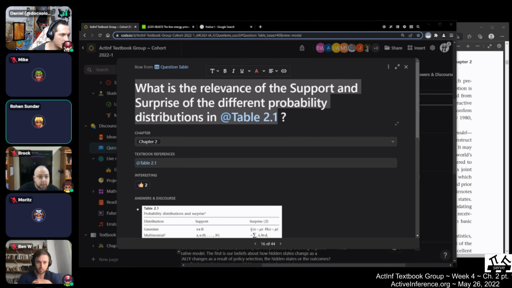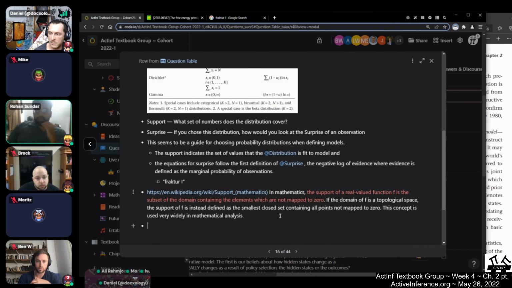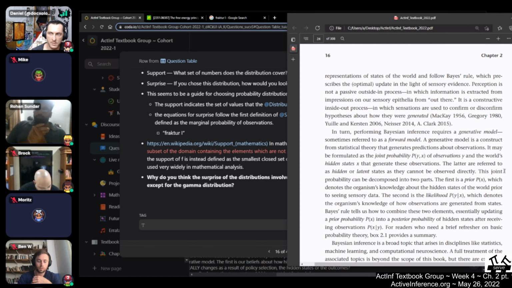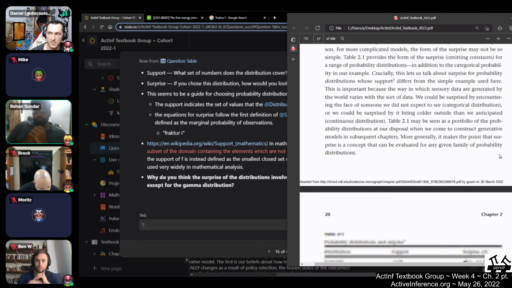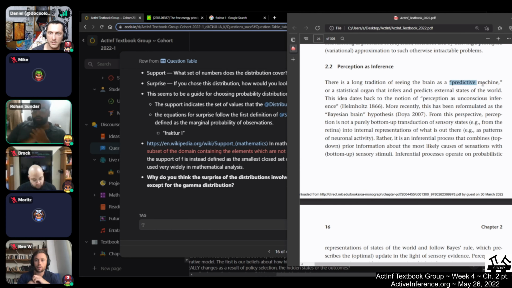I have a question. While I was reading through the chapter, going back to section 2.2, Perception as inference, when they say that the brain is a predictive machine or a statistical organ that infers and predicts external states of the world, here's my question.